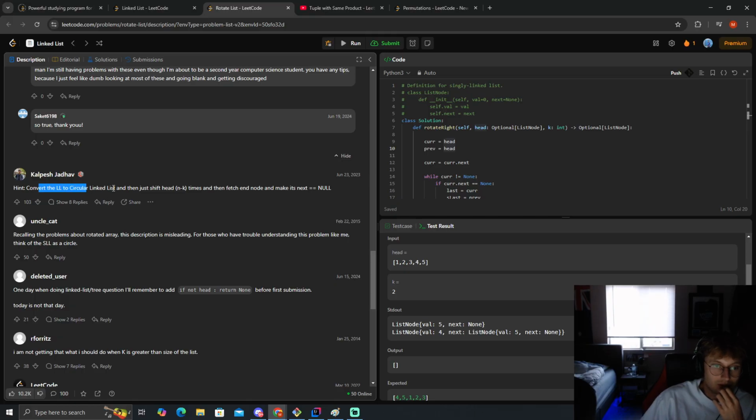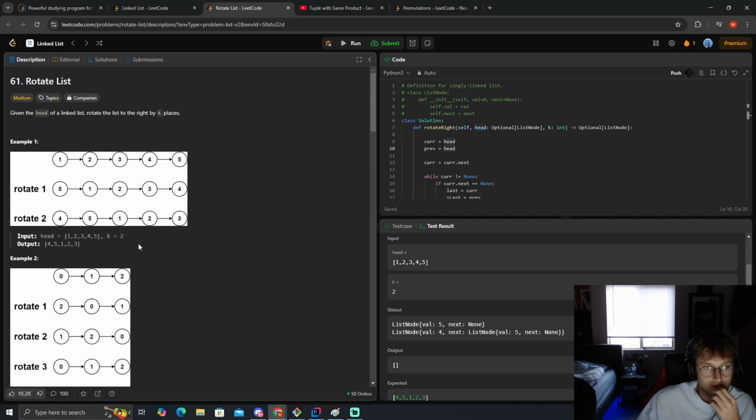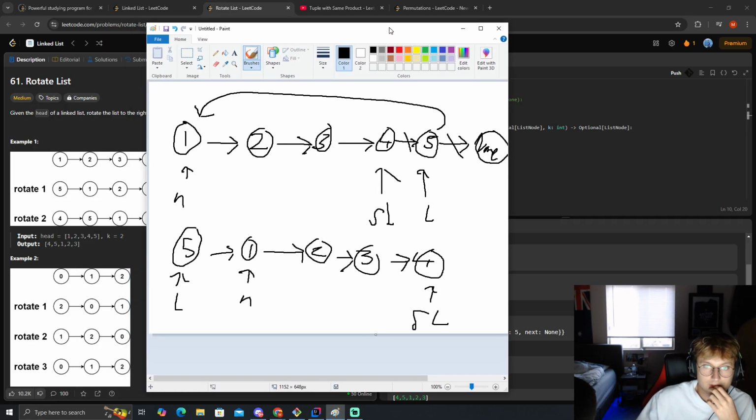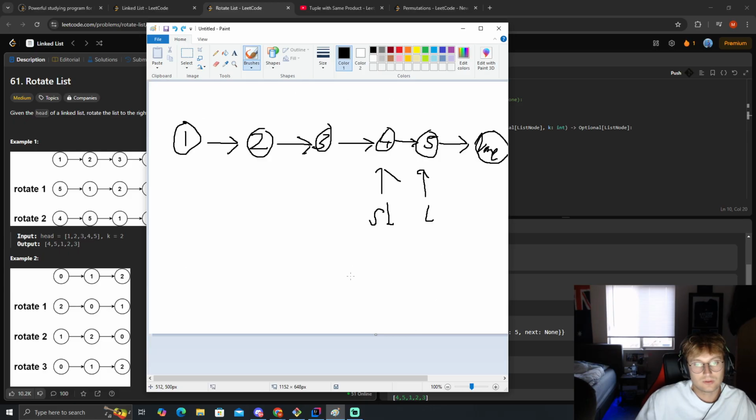Convert the linked list to a circular linked list and then shift ahead. The linked list is a circle. Okay. I guess if we think of the linked list as a circle, right?